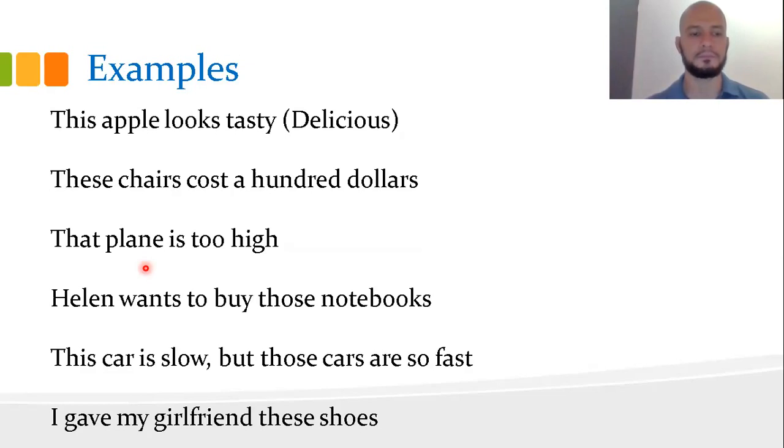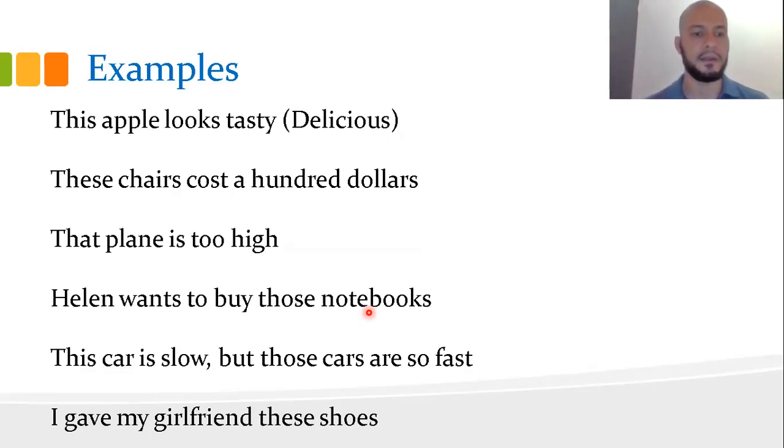Let's continue down. In this case, we have notebooks. Something pretty interesting about these examples is the fact that demonstratives are not only used at the beginning of the sentence, they may also be used at the end, or at both the beginning and the end of the sentence. In this case, the demonstrative is at the end of the sentence.